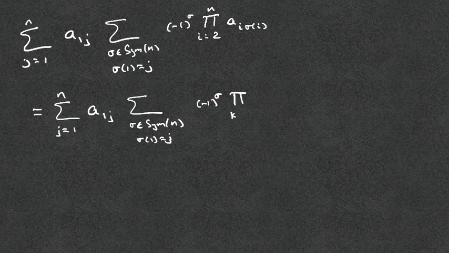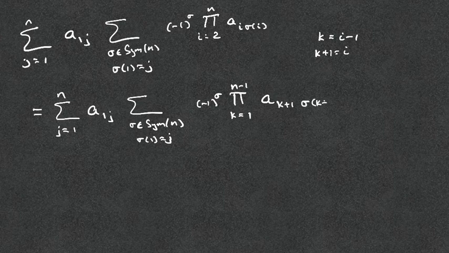So k goes from 1 up to n minus 1. Really, k is going to be i minus 1. So if i is 2, k is 1. If i is n, k is n minus 1. And so k plus 1 gives us i. With this change of index, we've got a sub k plus 1 and sigma of k plus 1.